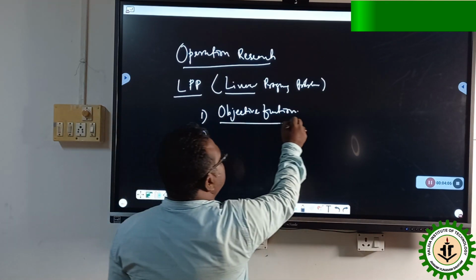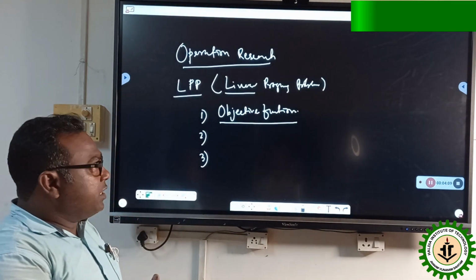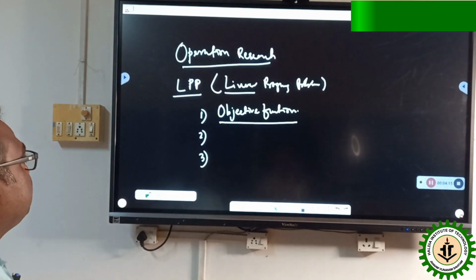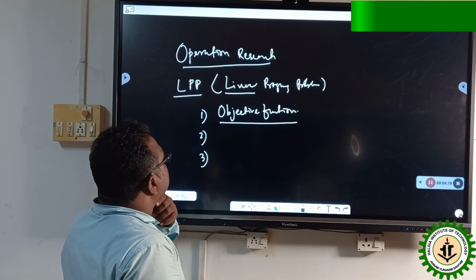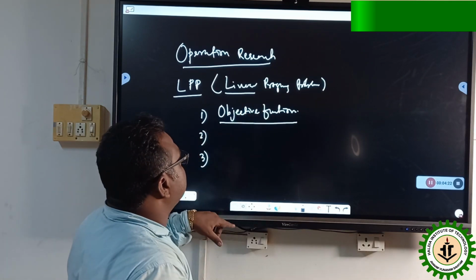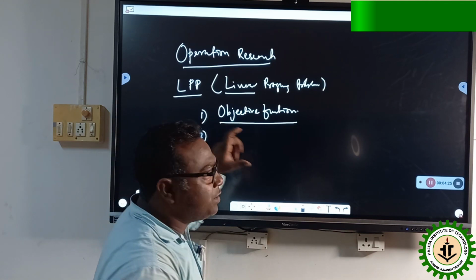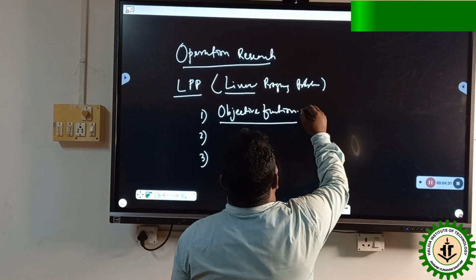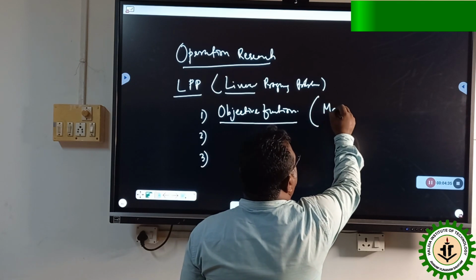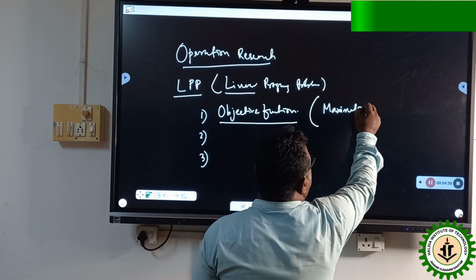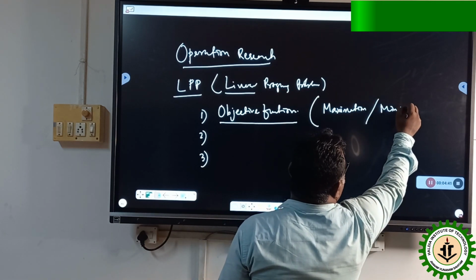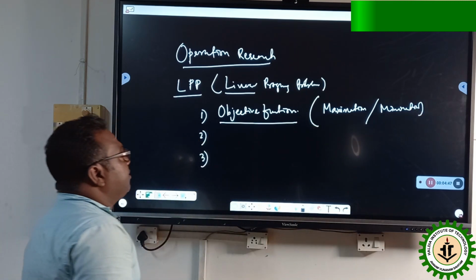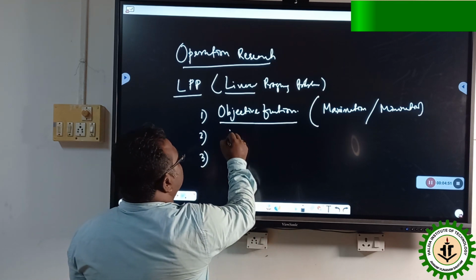Objective function is basically some information given to you, and depending on the information, you have to find out what the objective of the problem is. In most cases, the objective function will be either maximization or minimization. And the next thing is the constraints.